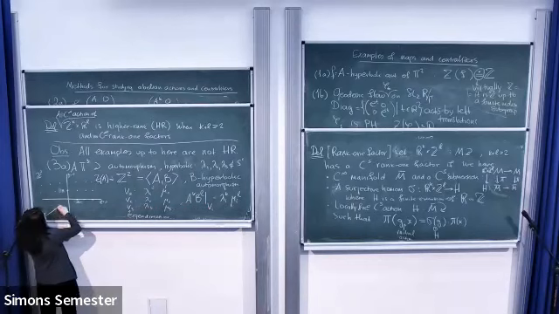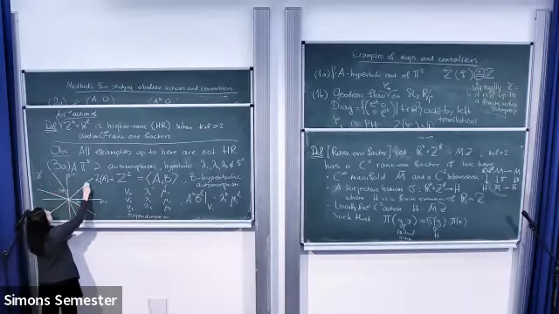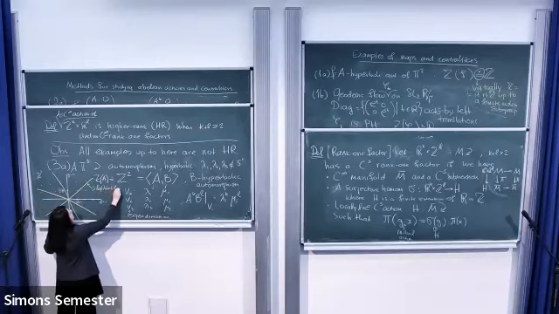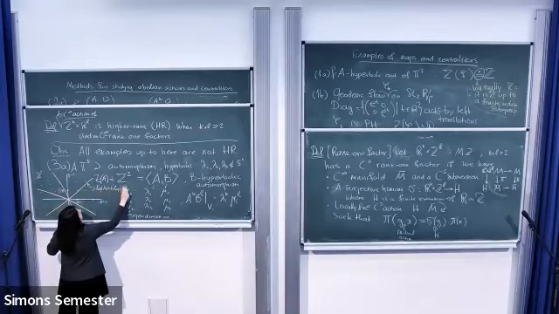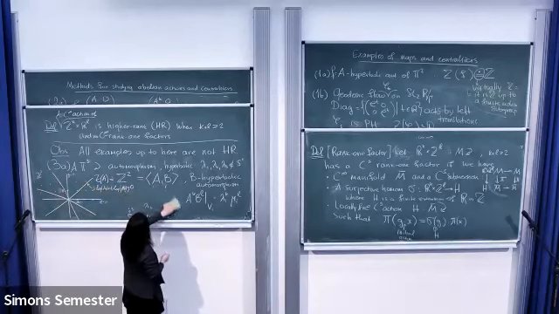So let me draw this somehow. So this line will be, for example, S log lambda_1 plus T log mu_1 equals 0, and so on. So we do it for every eigendirection.